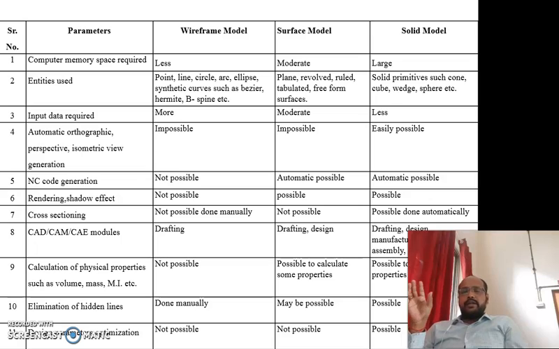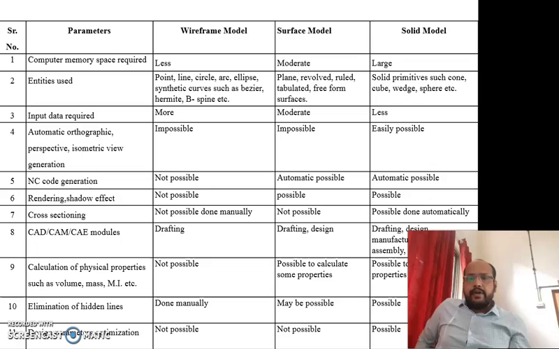You can detect different defects by using a surface model, and also you can detect some defects by using solid models. In case of a wireframe model, the exact location of a defect is very difficult to identify. So therefore a wireframe model is not suitable for detecting defects. Surface model is suitable, solid model is suitable, but wireframe model is not suitable.